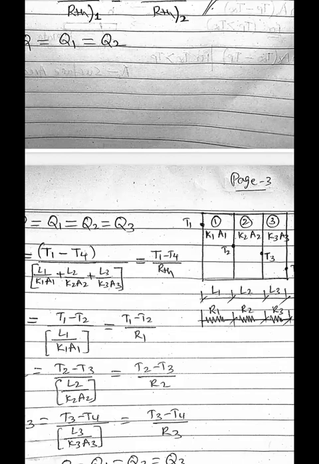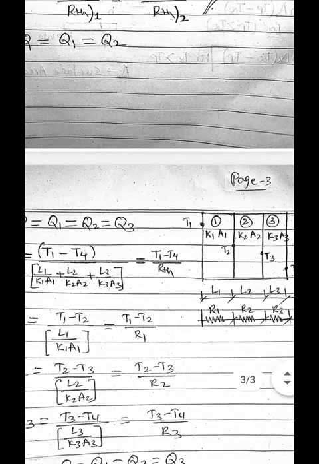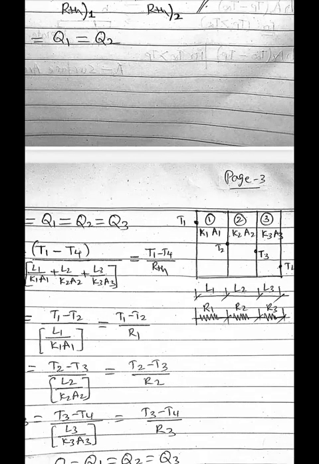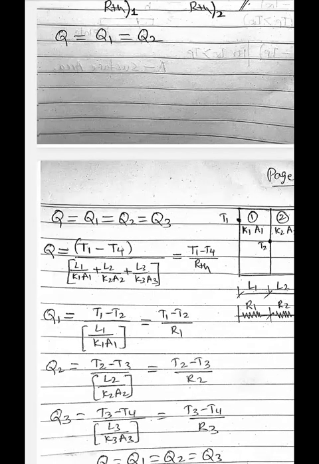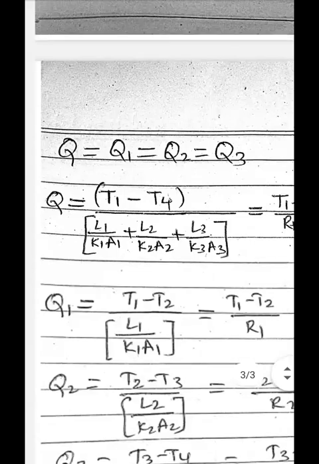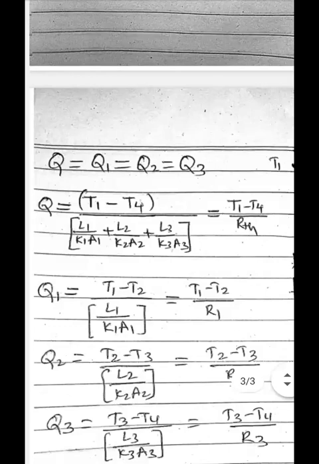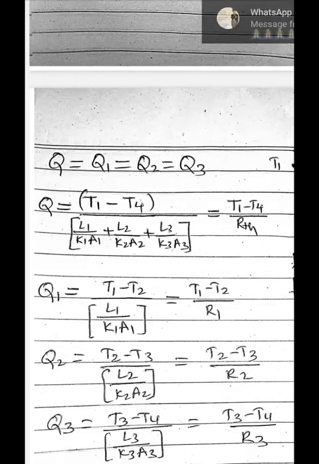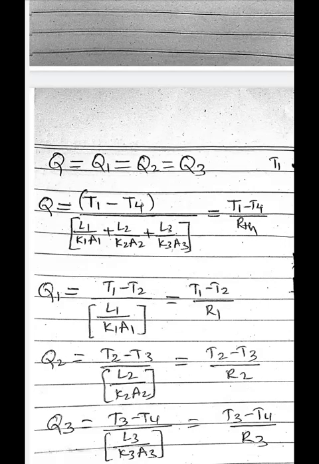And the resistance offered by the third block is given by L3 divided by K3A3. So this is the expression for the entire composite wall, that is T1 minus T4 divided by R1 plus R2 plus R3.